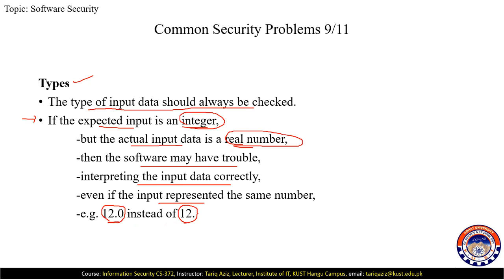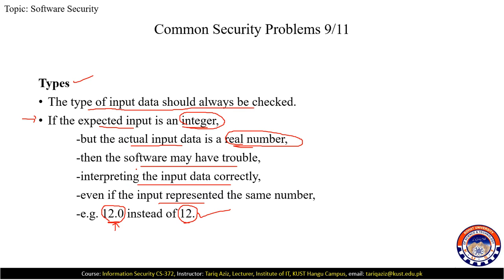Now, dear students, let's say this is the expected input we want. But the user, mistakenly or deliberately, enters this input. Now there should be a type mismatch error generated by the software.